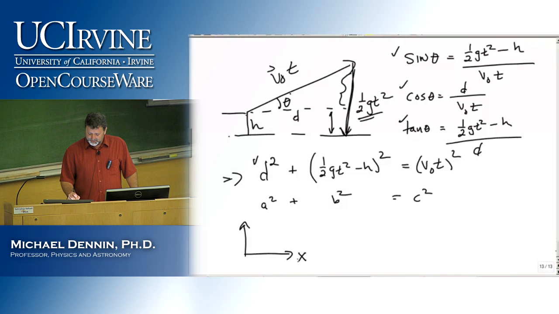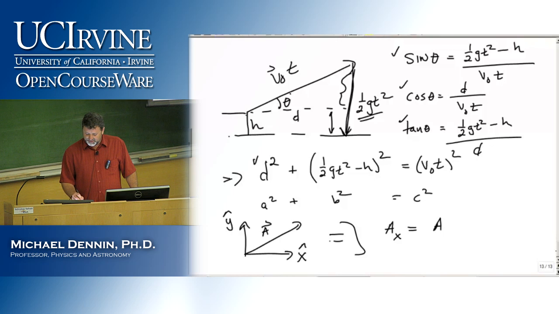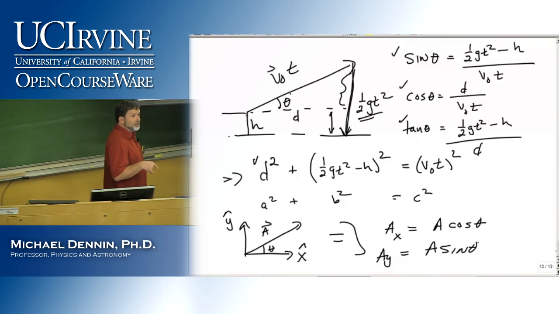We pick an x and a y, and if I have a vector A, I'll have the component in the x direction, if that's theta, of A cosine theta, and in the y direction of A sine theta. And I can get an equation for each component.